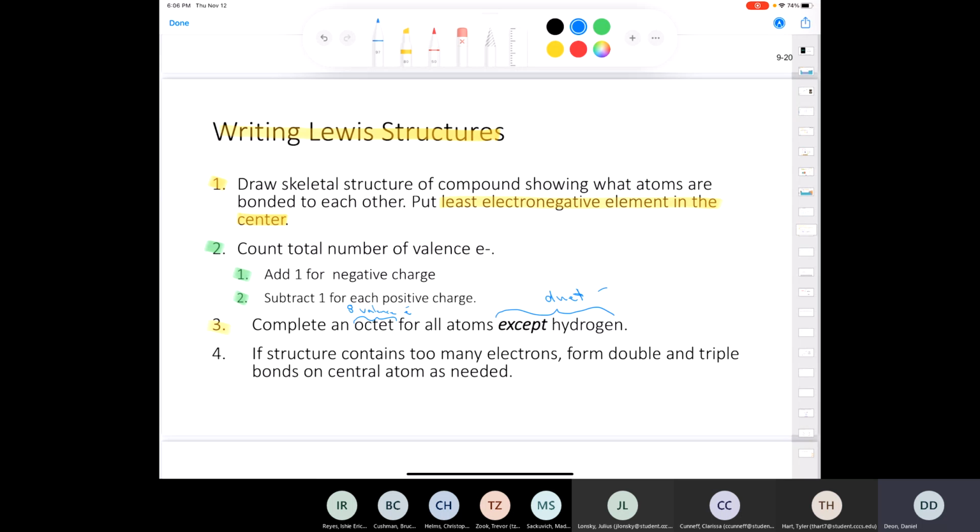The duet is 2 valence electrons. Okay, so what does that tell you? It tells you that when you have a hydrogen in any bond, hydrogen can only ever have one bond. Only. If you ever end up with a Lewis structure where hydrogen has 2 bonds, it feels bad to even write that. Okay, it's impossible.